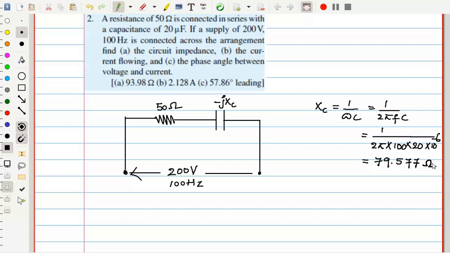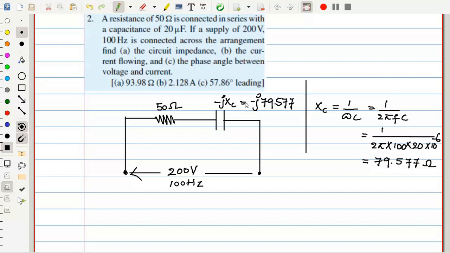Ohms. So now can I put this as minus j 79.577? If it were directly given as Xc, I would have written that, but they did not give it. They gave only the capacitor, so I calculated Xc and put those things over here.